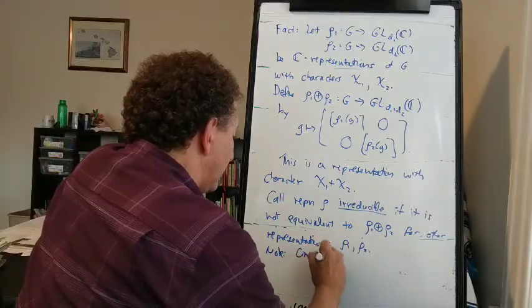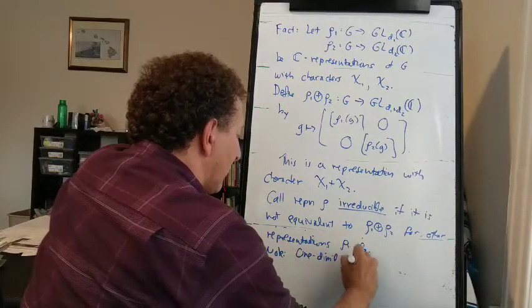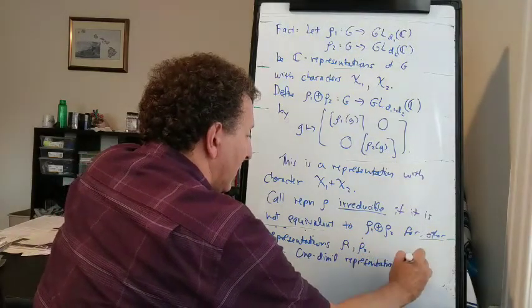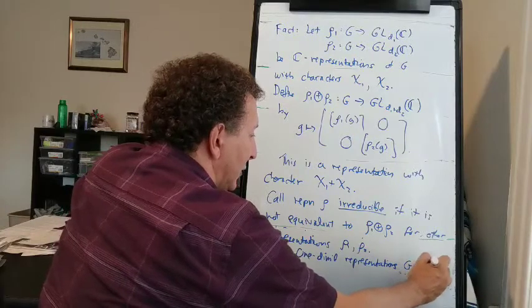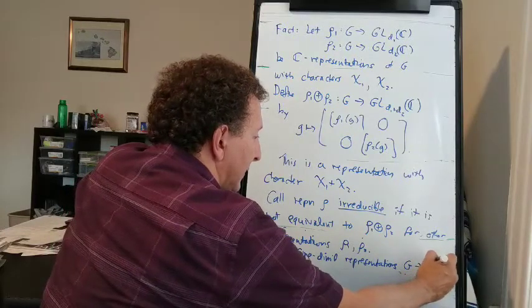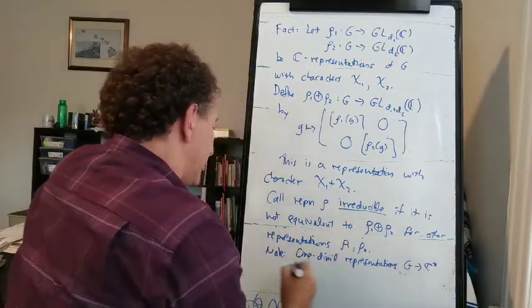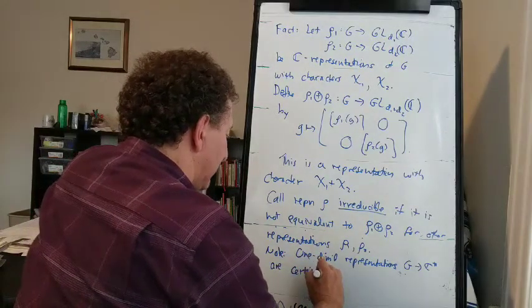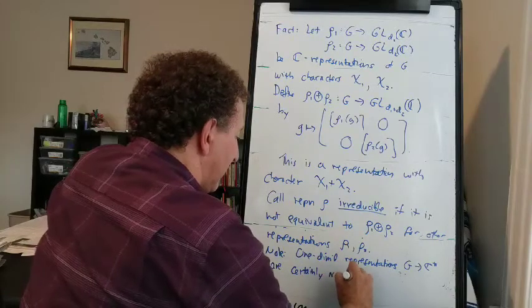So one-dimensional representations from G to C star are certainly irreducible.